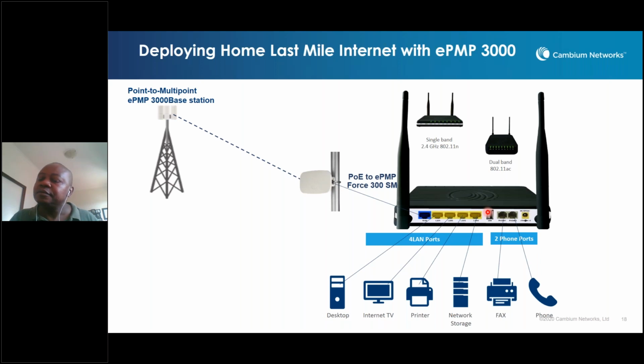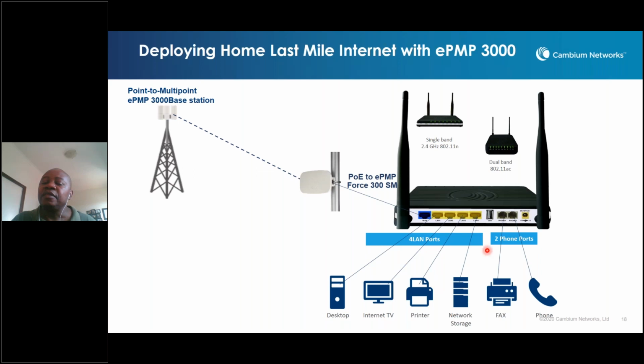These home routers are very, very important, because they make sure that indoors the user experience is good. You have different types. You have single band, you've got dual band, you've got home routers that have PoE out, so that can power a subscriber module, so you don't need another power source. You've got home routers with different numbers of LAN ports, so you can connect all the things you need for your home office: printer, desktop, storage.